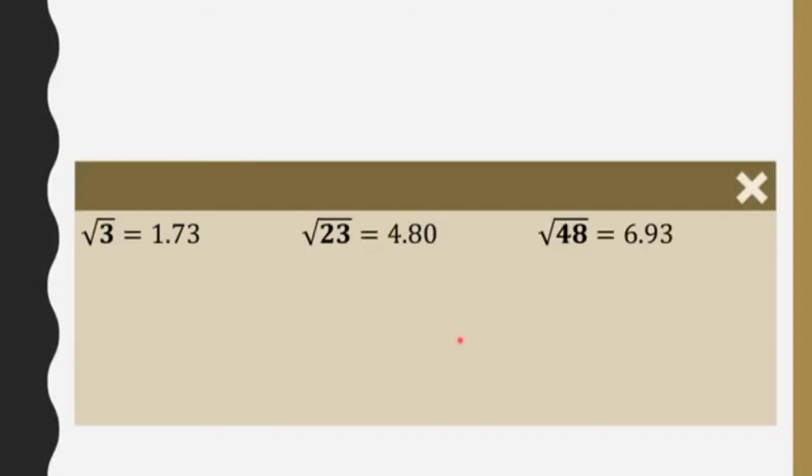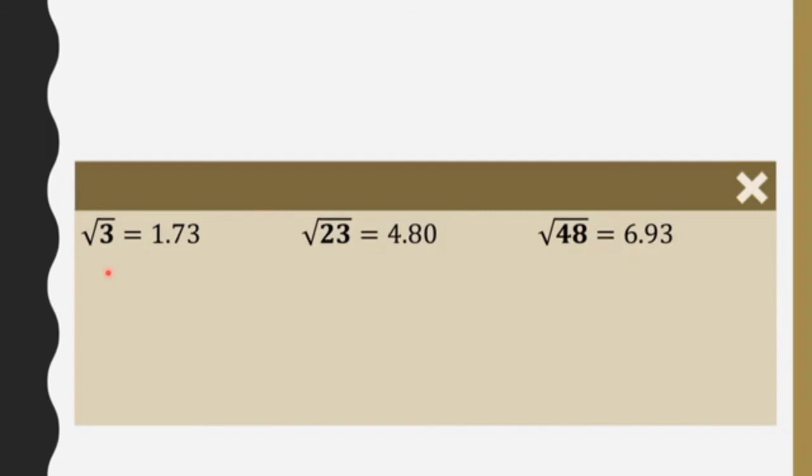So let us plot the given irrational numbers on the number line. So let us estimate square root of 3 is equal to 1.73, square root of 23 is equal to 4.80, and square root of 48 is equal to 6.93. Saan ko nakuha yung mga value na to? In-apply ko yung ginawa natin kanina na estimating the given irrational number into nearest hundredths.